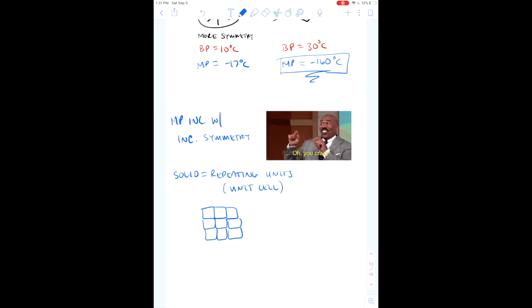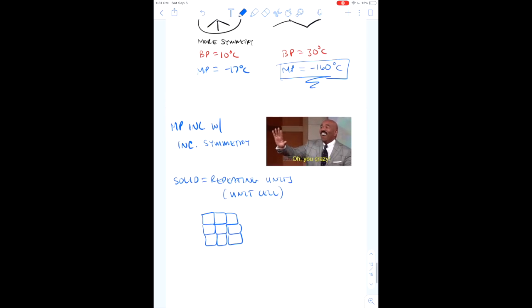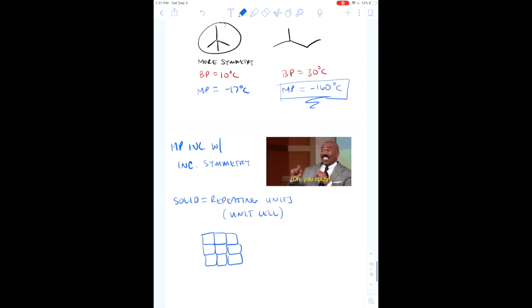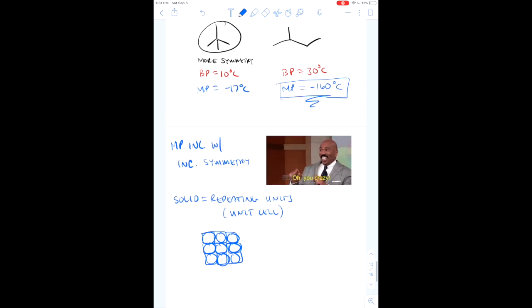Okay, and so it's kind of like playing Tetris. It's much easier to stack things when you have a nice symmetrical thing, like either a block or even a sphere. These spheres can fit nicely stacked on top of one another and make a really good unit cell. But if you have some weird structure, then it just doesn't make for a nice stack, right?